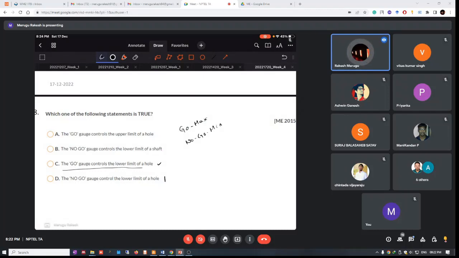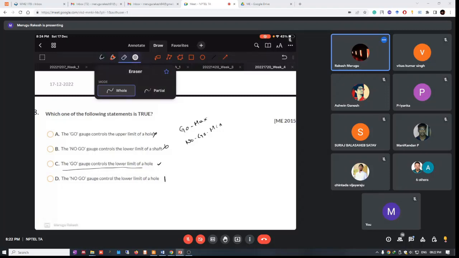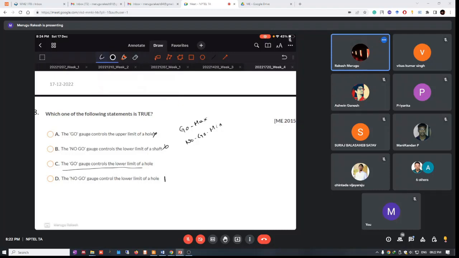The go case controls the upper limit of the hole. Wrong. The no go case controls the lower limit of the shaft. The go case controls the lower limit of the hole. This is correct.